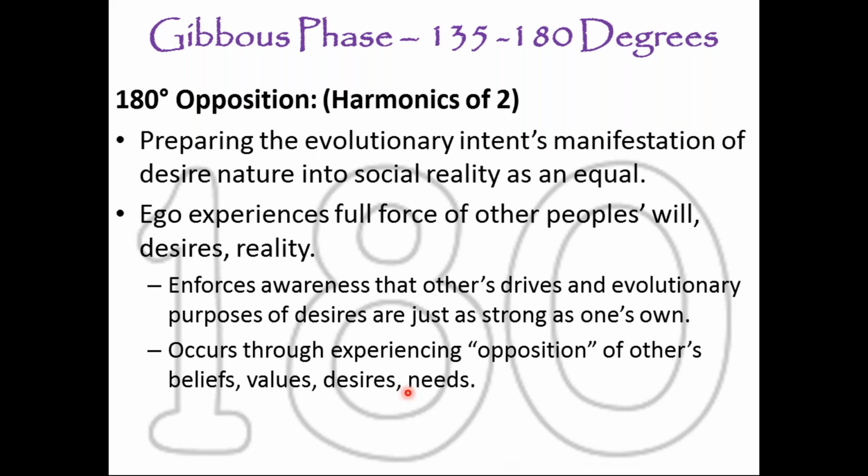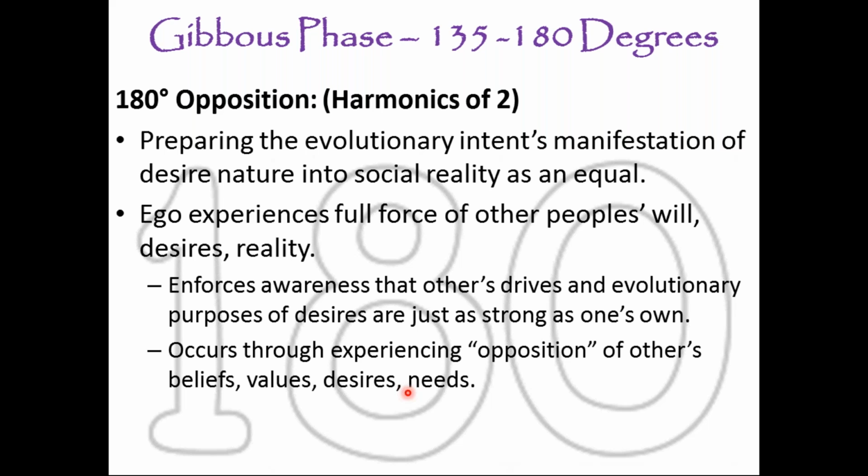And evolved them to that polarity point, but we start to become aware that everyone else is doing it as well. Their Mars, will, ego to manifest their desires is just as strong as ours. So we will come up against others still wanting us to make some type of adjustment, Gibbous phase, of how we are manifesting our desires.